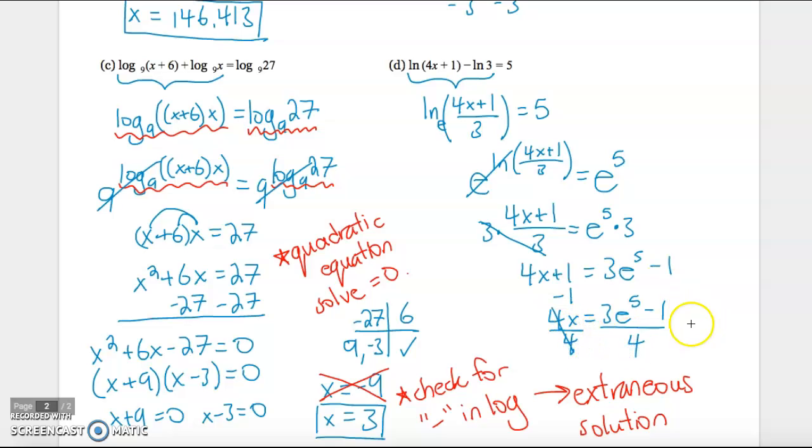So in your calculator, go ahead and write that x equals whatever all that stuff is. So if I do 3 times e to the 5th power minus 1, and then I divide that answer by 4, I end up with 111.060.